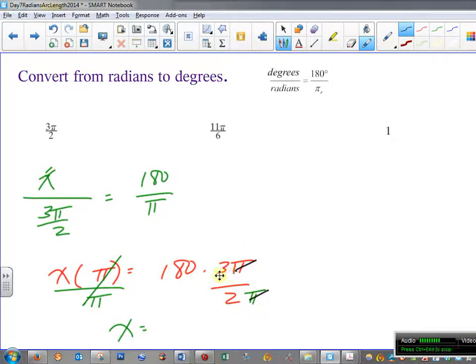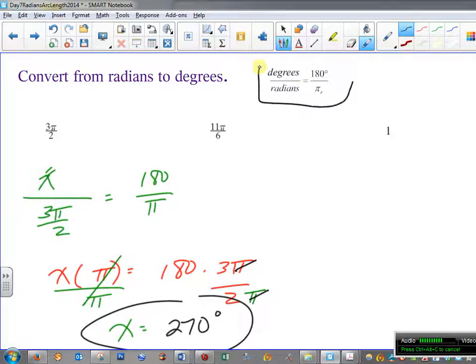We could pick up our calculator to reduce this. Should give me 270. And that's 270 degrees. So I can always use this formula. But if you're going from radians to degrees and you already see pi inside of your radian measure, you can just replace pi with 180 and then reduce that fraction.